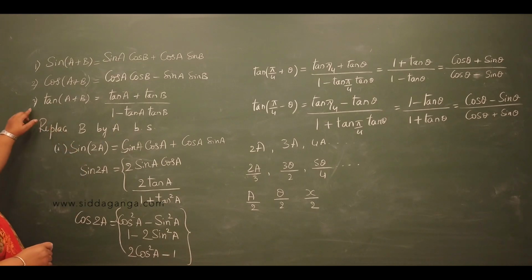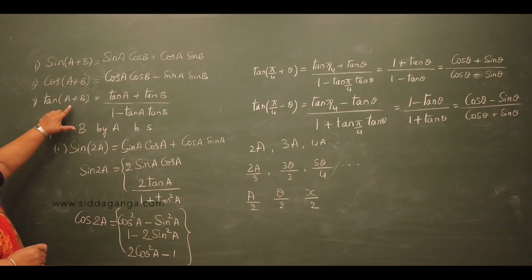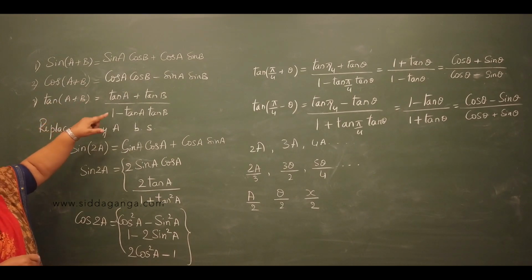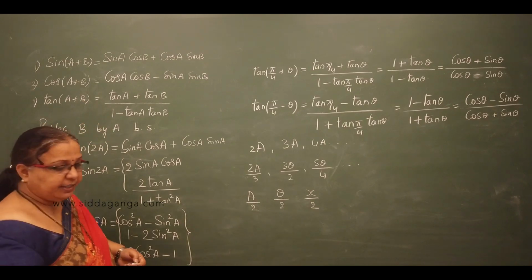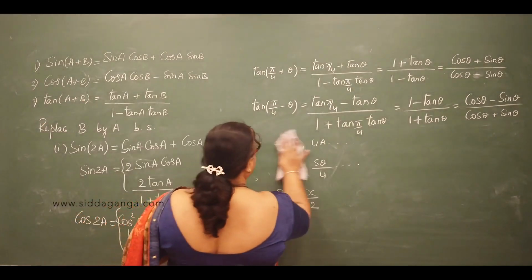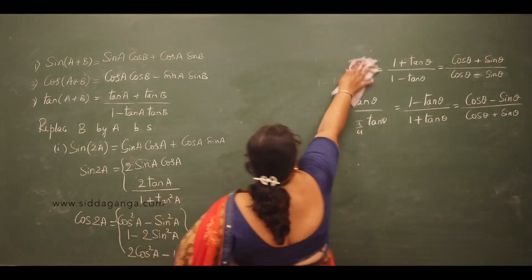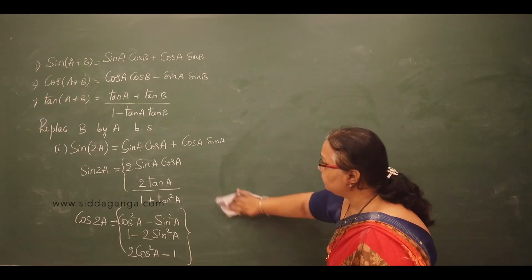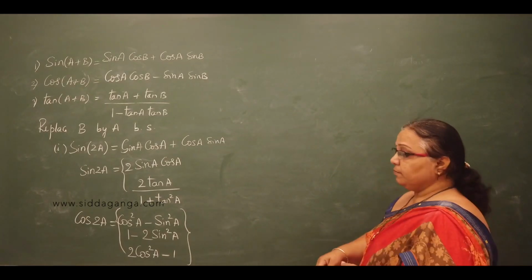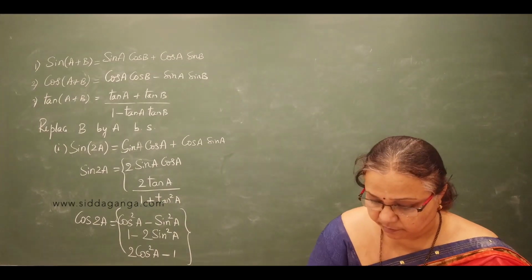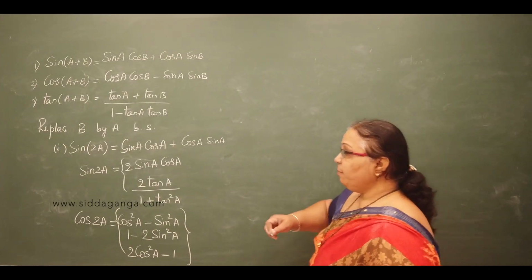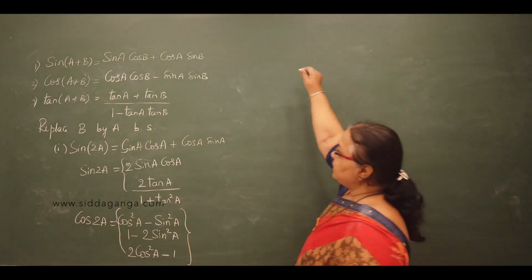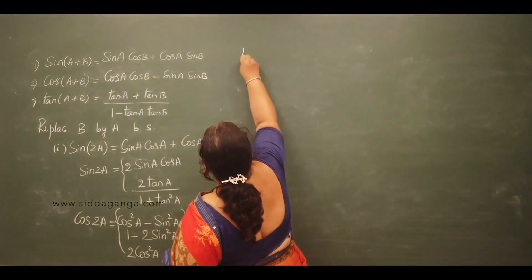Now similarly for the compound angle formula tan of A plus B, if you replace B by A on both sides, we get tan of A plus A, which is 2A.